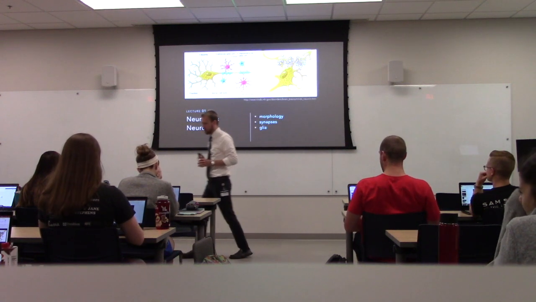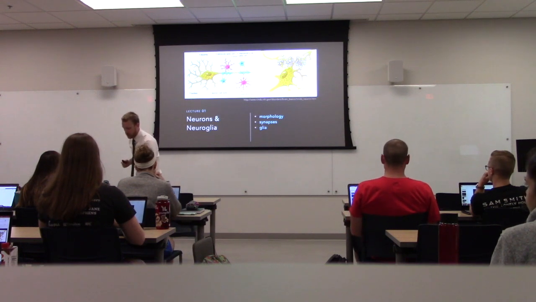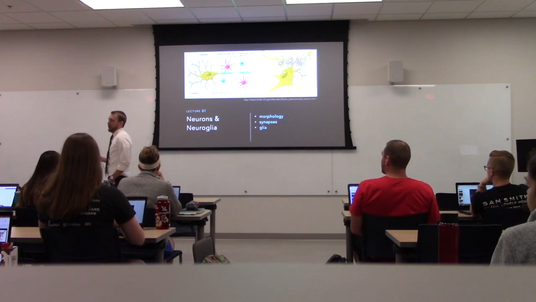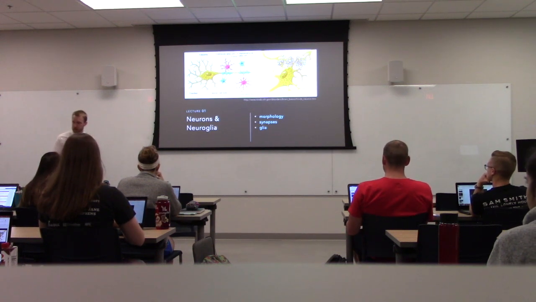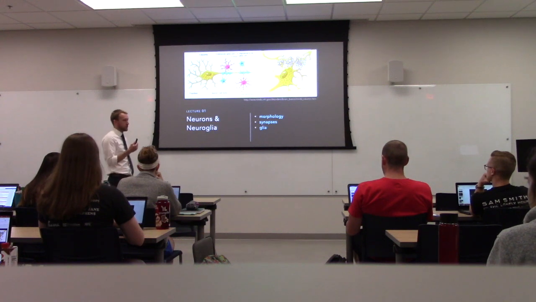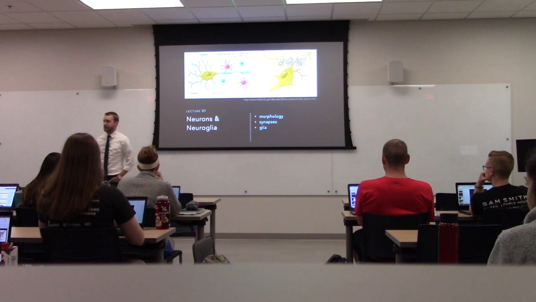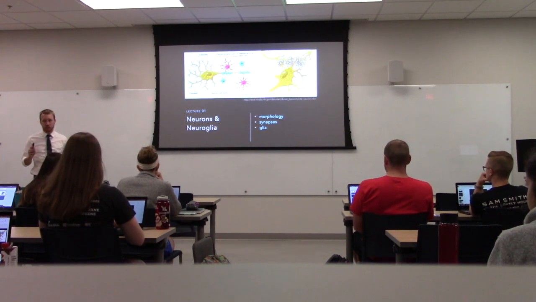We're going to talk about the morphology of neurons. A bit about why that matters, because it does. There's a reason why certain neurons are shaped a certain way. What creates that morphology? We'll talk about synapses, of course. The purpose of neurons is to communicate, and synapses are the site of communication. There's two broad categories, more on that later.